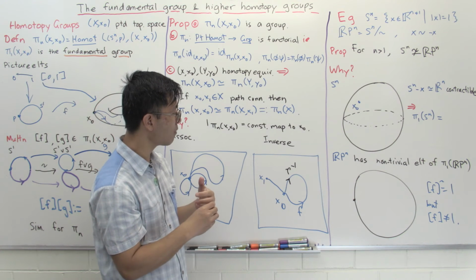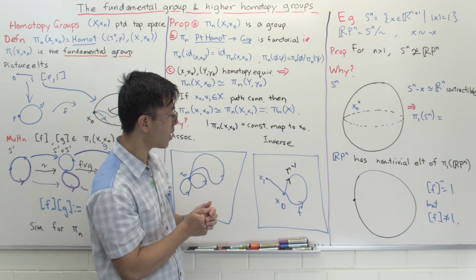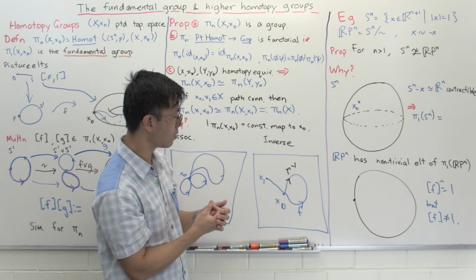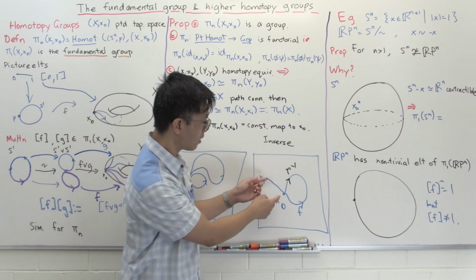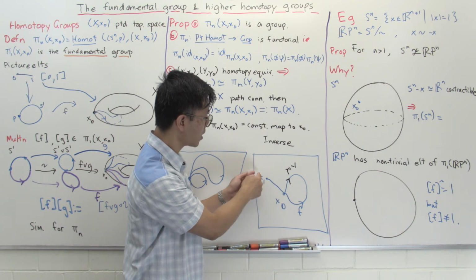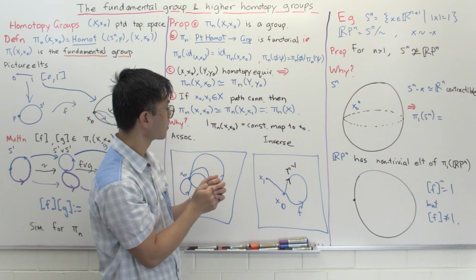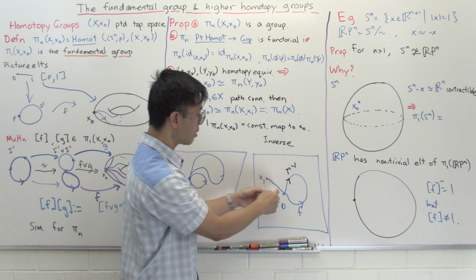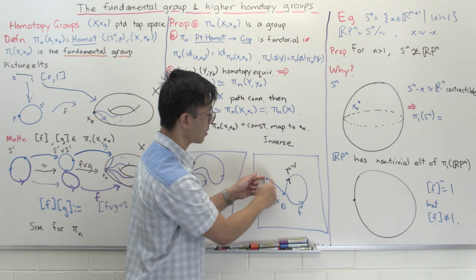And what happens if you want to show that this is indeed the identity? One of the things that you might want to do is to show that when you go from here to here and back, you get the same thing. To go from here to here, you'll have this loop, and then you get a loop from here which goes around like this.